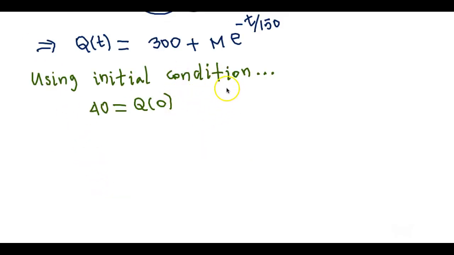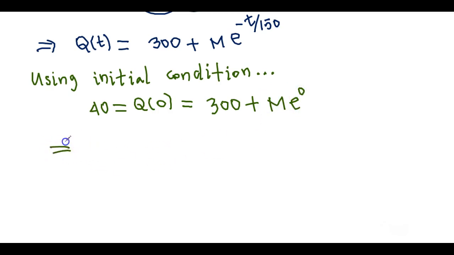So next, we're going to determine the value of that constant of integration M by employing the initial condition. At 0, Q takes the value of 40, but we can also evaluate this right hand side here. So we would have 300 plus M times e to the 0.